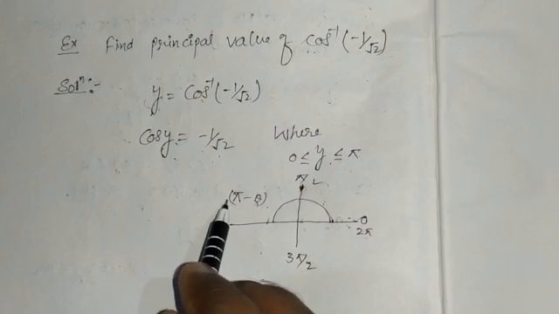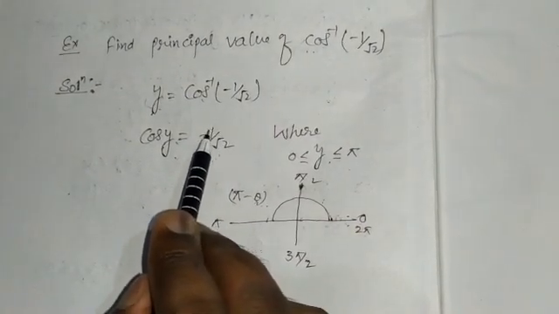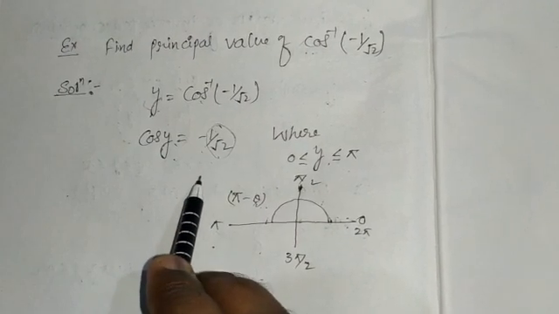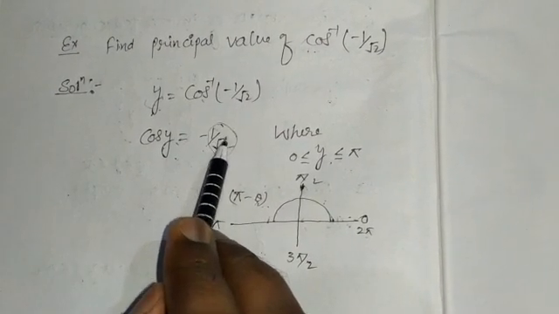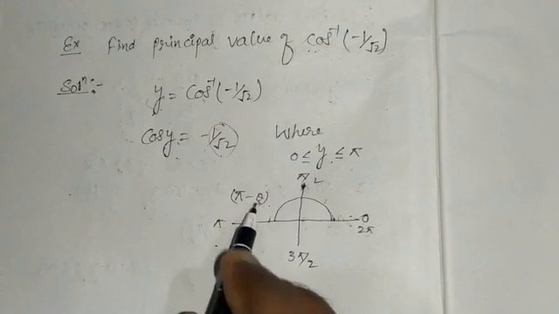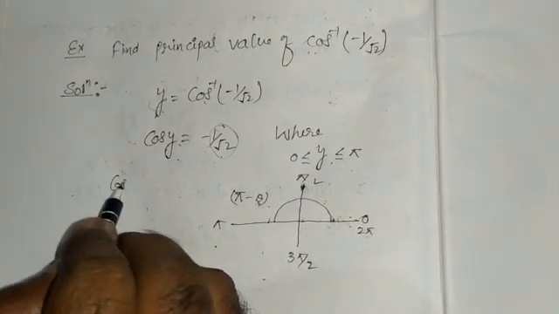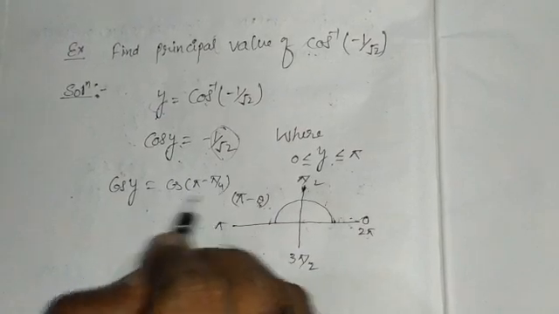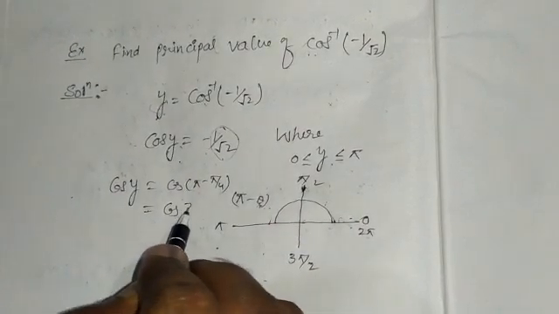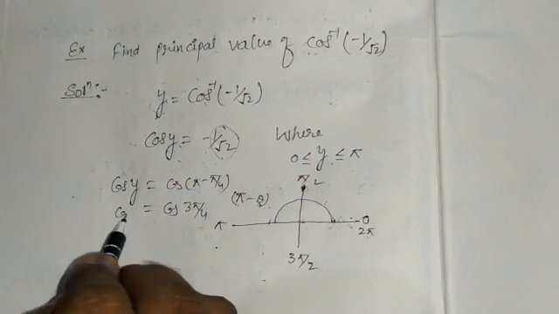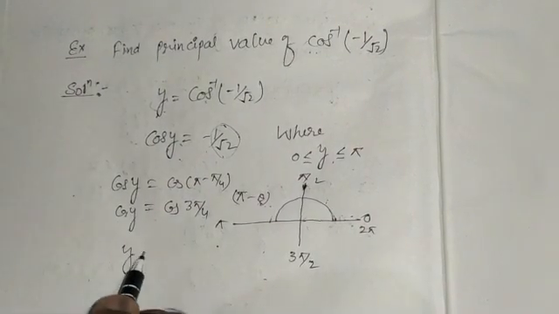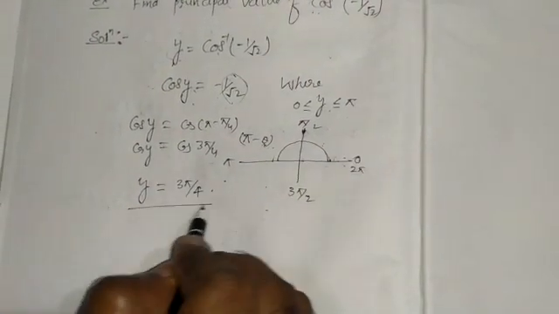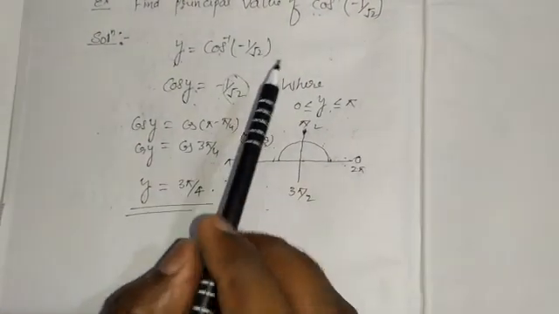For what value of angle is the value of cos 1 upon root 2? This is π/4, so θ will be π/4 here. It means we write cos y is equal to cos (π minus π/4), that is, cos 3π/4. Now compare and write the value of y. This will be 3π/4. This is the principal value of cos inverse minus 1 upon root 2.